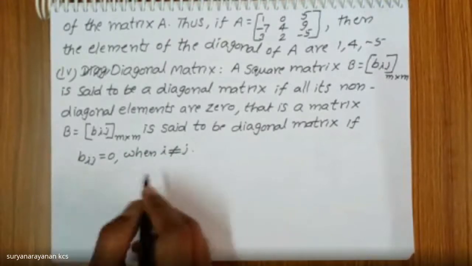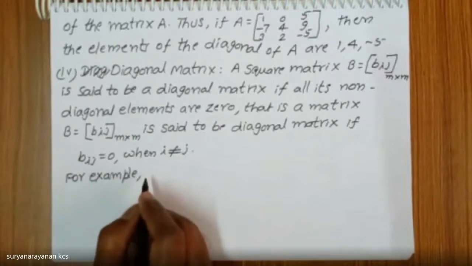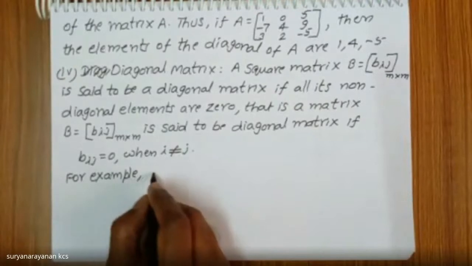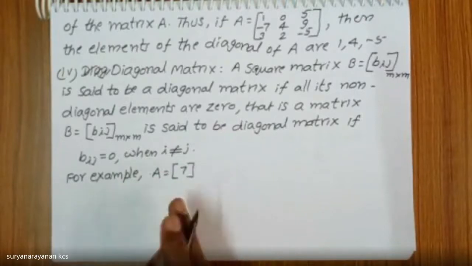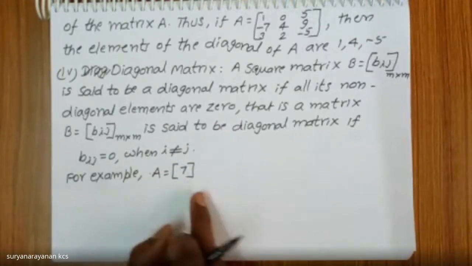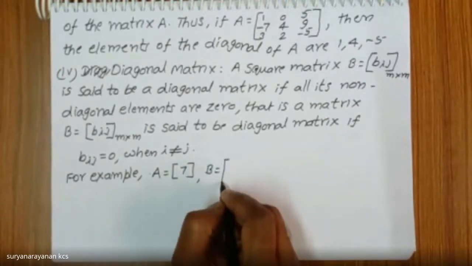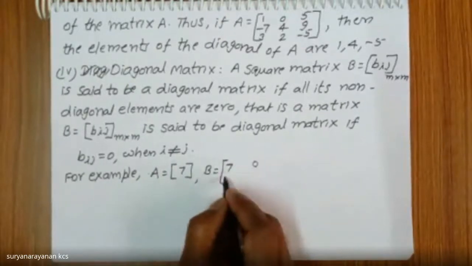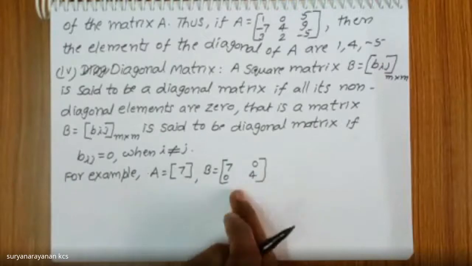For example, this is also an example of a diagonal matrix. Non-diagonal elements are 0.